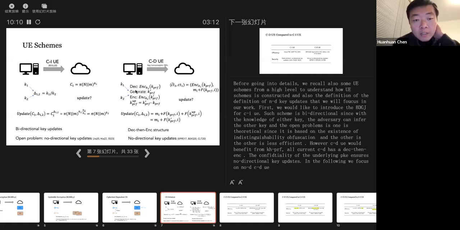Because given the token, we cannot recover key1 even if we are given key2, which is guaranteed by the confidentiality of the underlying encryption schemes. And also, if we give key1, we cannot recover key2. That's called no directional key updates. And as has been proved, there's no scheme stronger than no directional key updates.